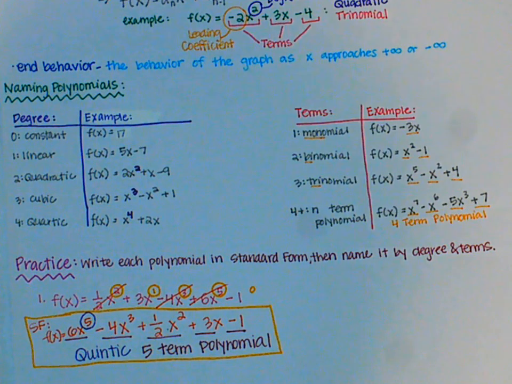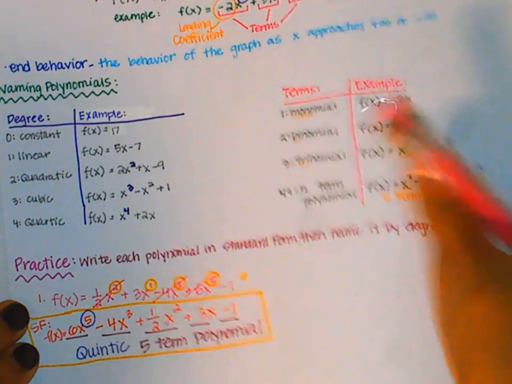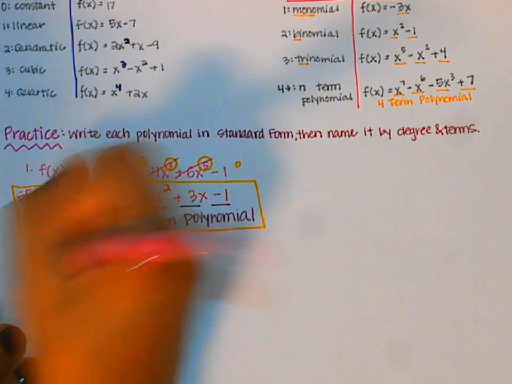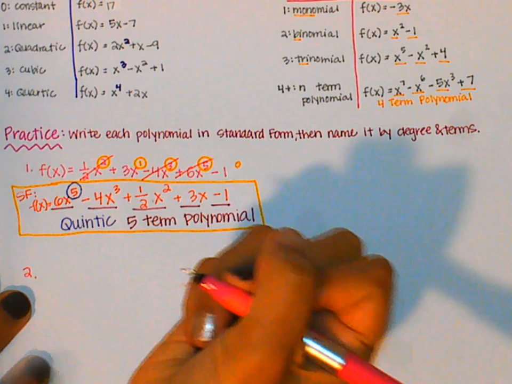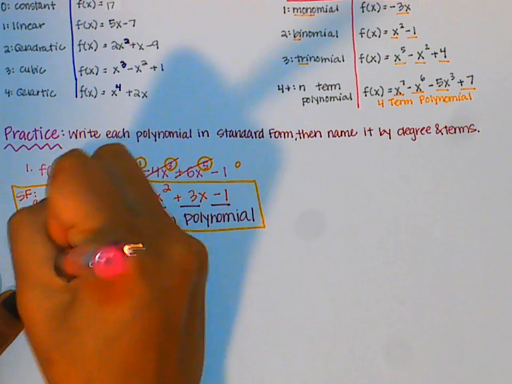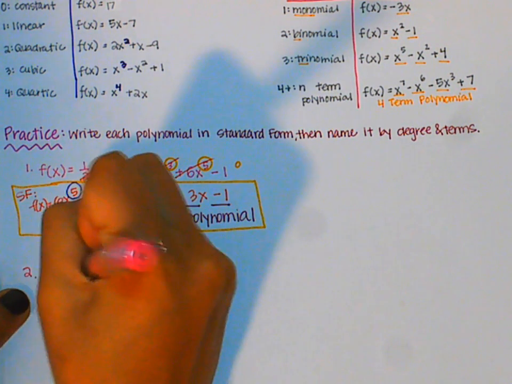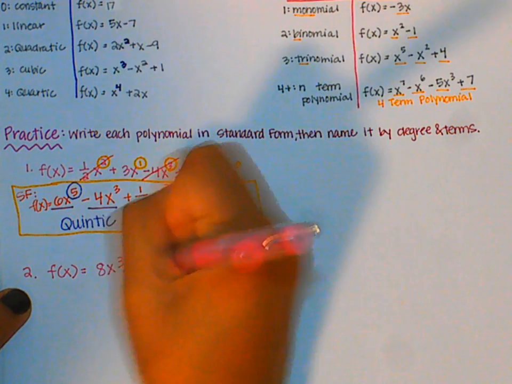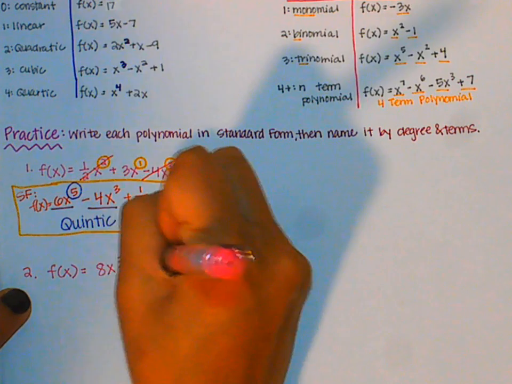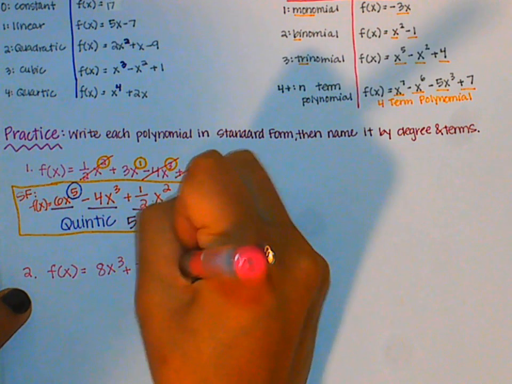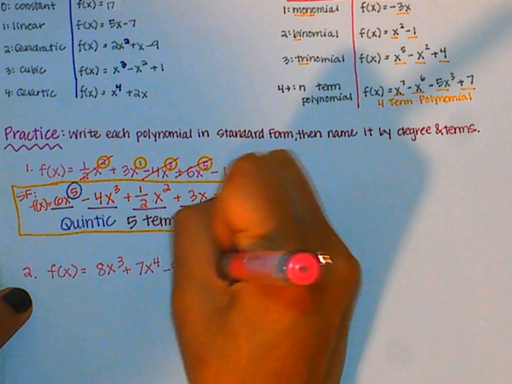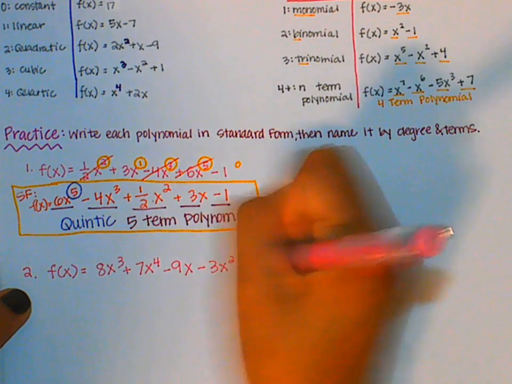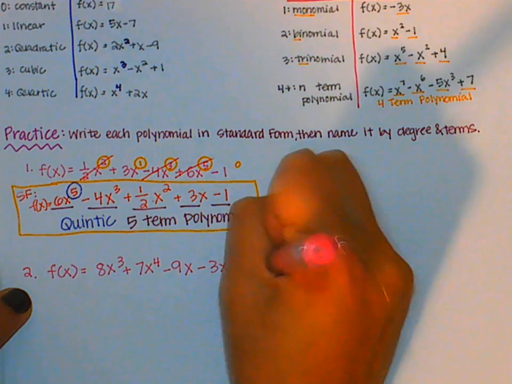So let's look at a second example. Let's look at f of x is equal to 8x cubed plus 7x to the power of 4 minus 9x minus 3x squared plus 11.